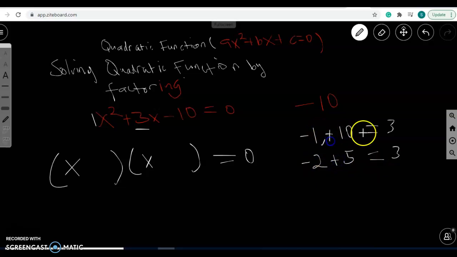When we add this one, we don't get this. We get rather 9. So it does not satisfy this equation, so we cannot use this one. So we have to use these two numbers. Since these are the factors, you put them here, which is -2, and here plus 5.